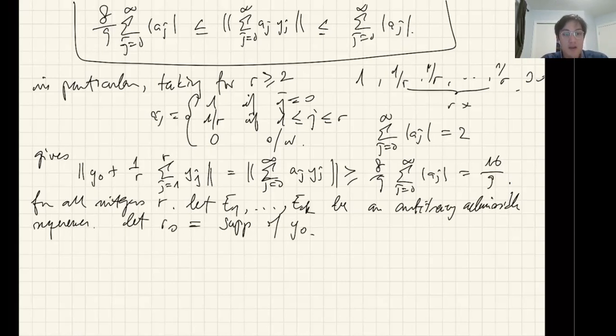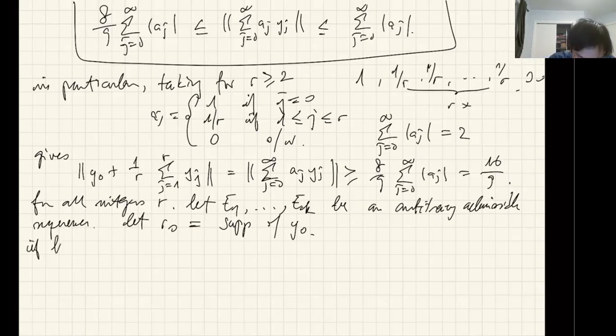So this is an arbitrary admissible sequence, and we're going to look at the support of Y0. Now, if the support of Y0 is less than K, then for E1 through EK, because the support of E1 has to be greater than K, E1 doesn't intersect Y0 at all, okay?